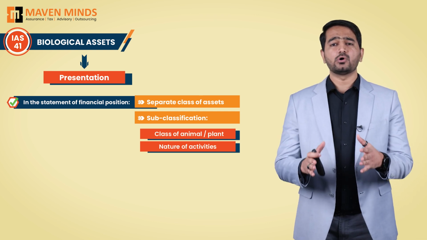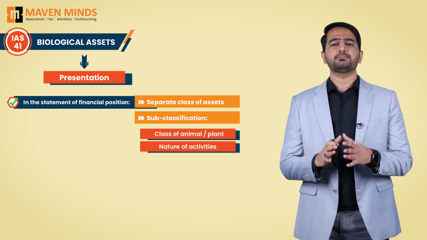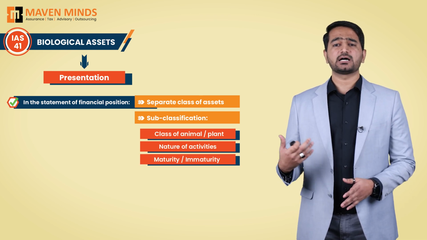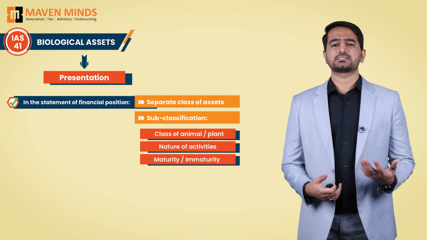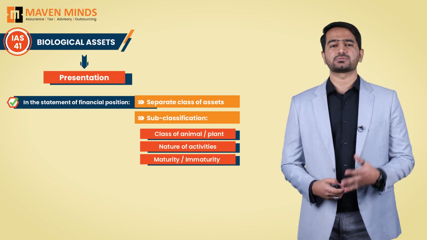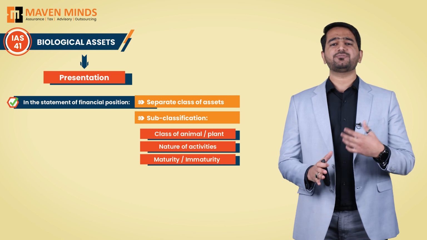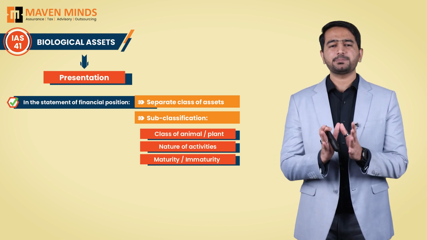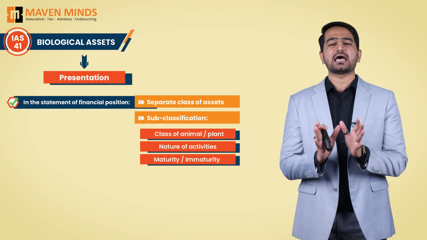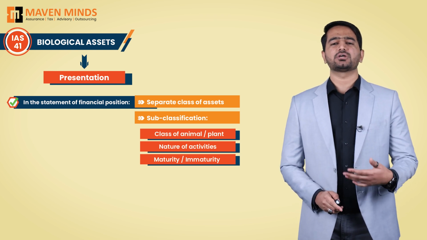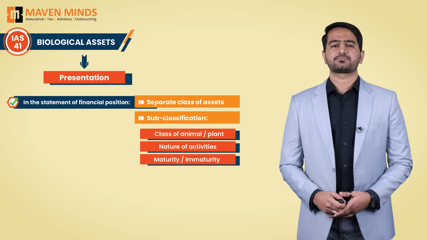Biological assets can also be grouped on the basis of their maturity, like whether they are immature assets like calves or mature assets like fully grown cows. This kind of subclassification gives the reader of the financial statement a clear picture of the entity's agriculture operation and the role these assets play in generating economic benefits.